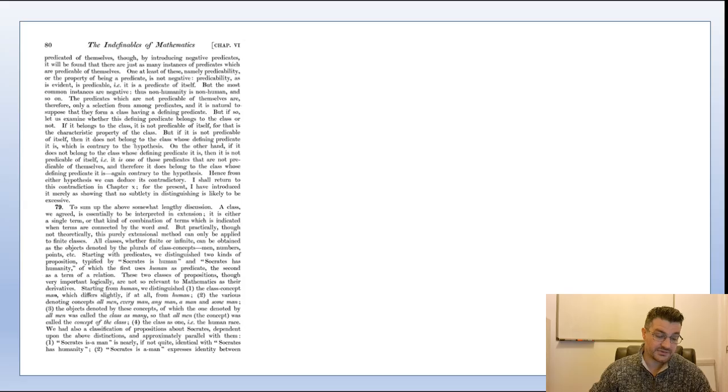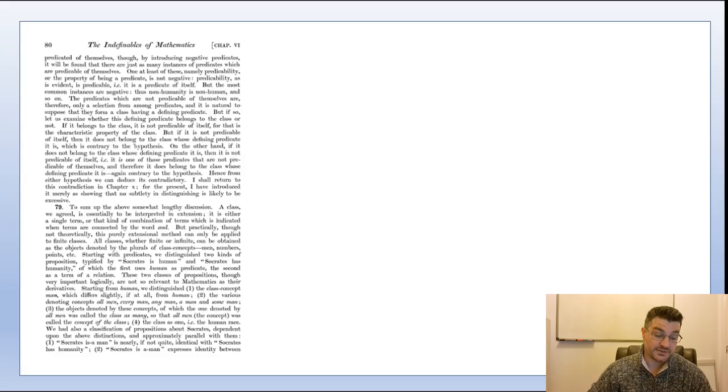All classes, whether finite or infinite, can be obtained as the objects denoted by the plurals of class concepts: men, numbers, points, etc. So men, for example, he said earlier in this chapter, he uses synonymously with all men. Numbers synonymously with all numbers. Points synonymously with all points, and so on and so forth.